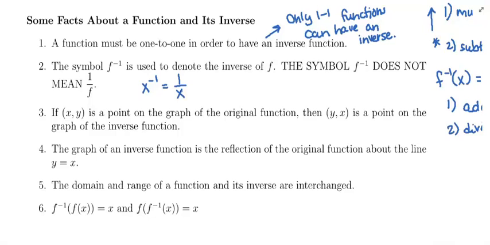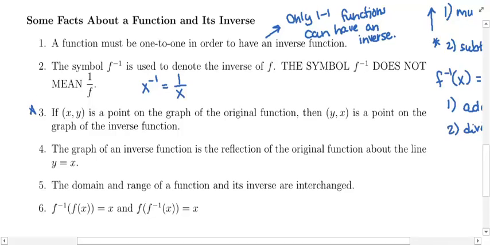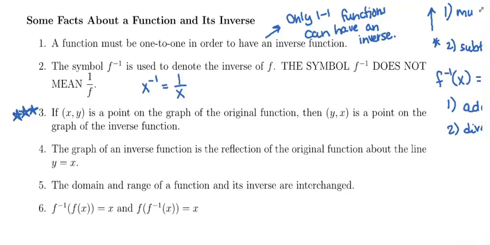Number 3, and this one's going to be mucho important. If (x, y) is a point on the graph of the original function, then (y, x) is a point on the graph of the inverse function. Have to know this one.